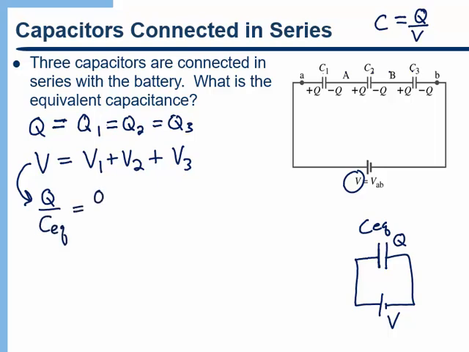V1 would be Q1 over C1. V2 would be Q2 over C2. And V3 would be Q3 over C3.